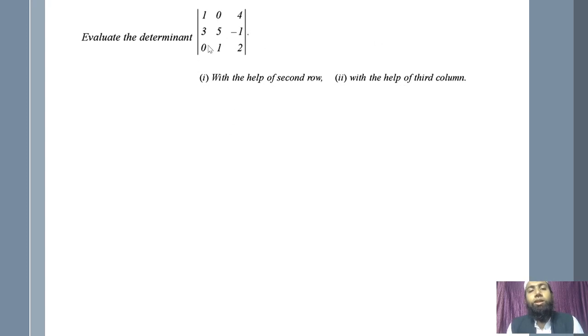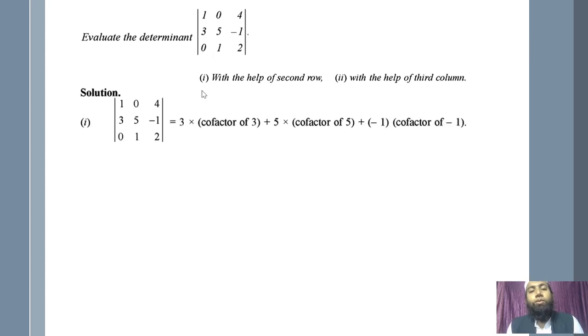So let us start with this second row. Using the cofactor rule we just saw, this element into cofactor of 3, 5 into cofactor of 5, and this minus 1 into cofactor of minus 1. Cofactor of 3: ये column और ये row, जिस column और जिस row के अंदर ये element present है, उसको skip करना है, उसका determinant लेंगे.